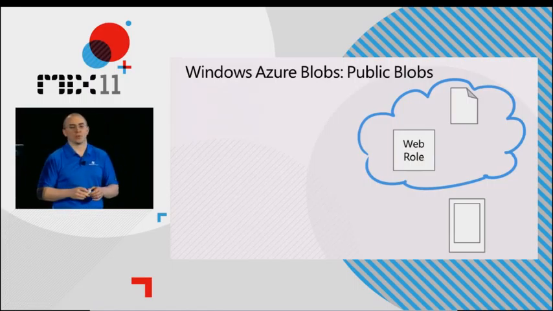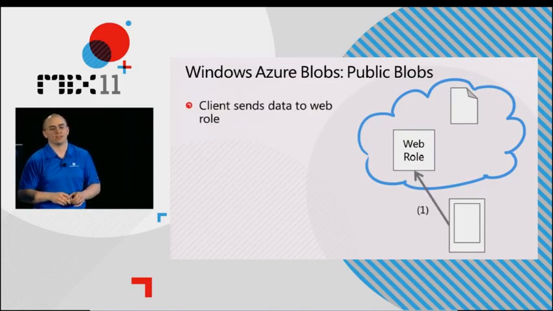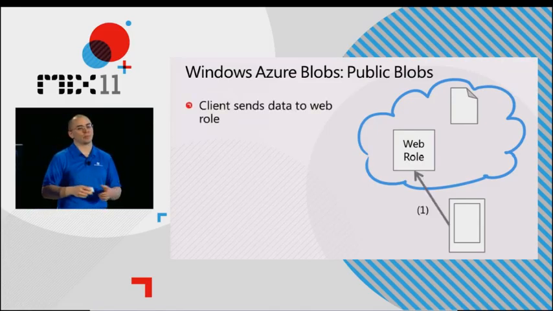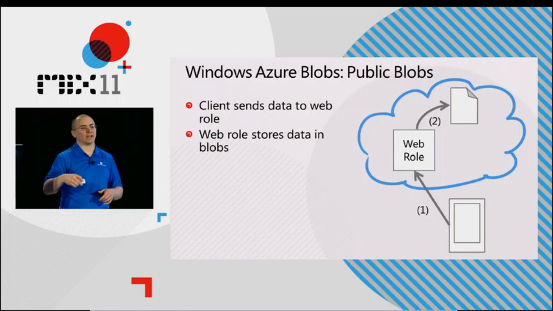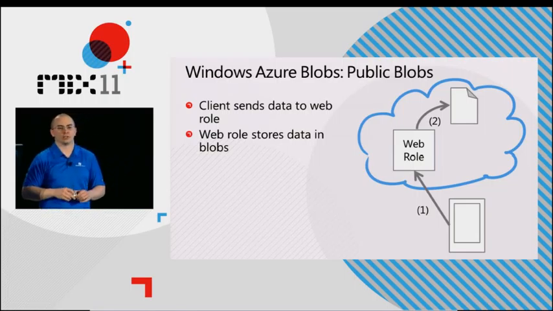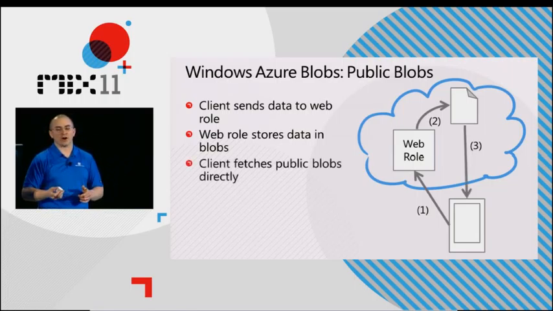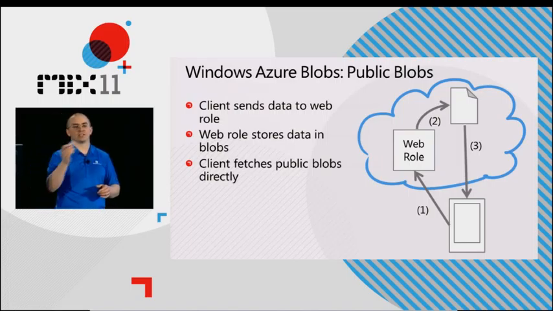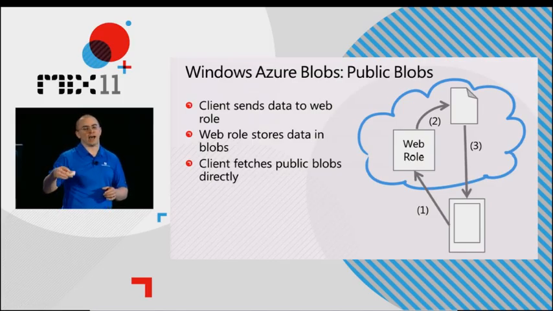Now, another way is with Windows Azure blobs, you can have public blobs. And so the scenario here is that the client sends data to a web role, and that web role will write the data to the actual blob. And then from there, the client can read those blobs directly from Windows Azure Blob Storage. Now, the reason it writes to the web role is you cannot write directly to a blob without having the actual account token.